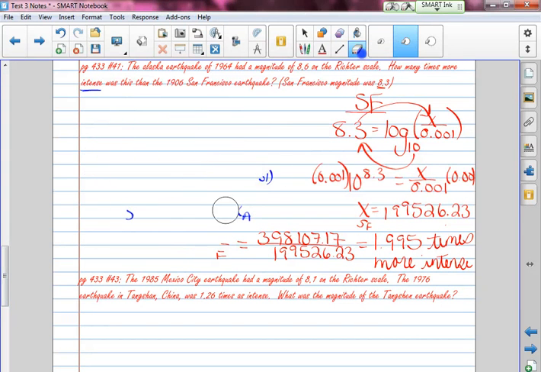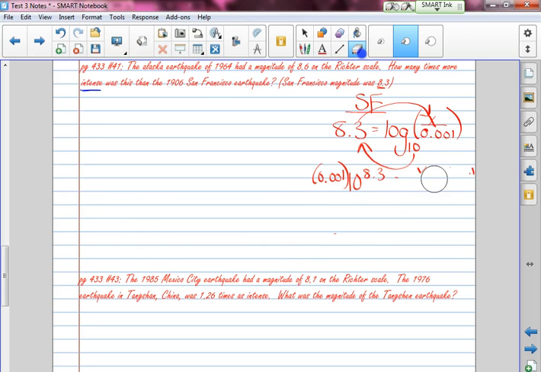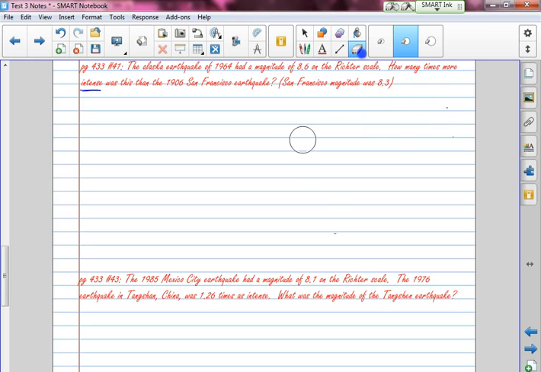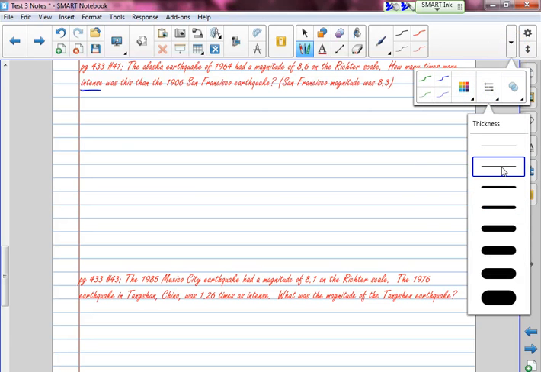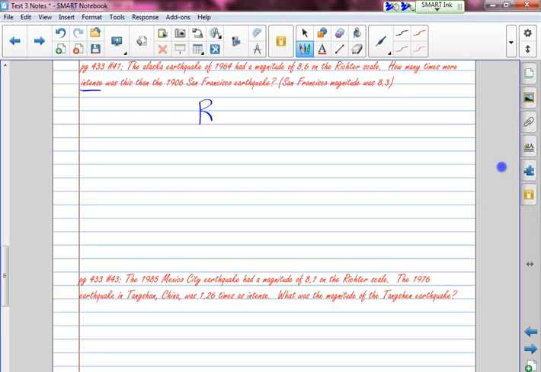And I want to show something to you. These are solved the same every time. So if you're given the formula R equals log of x over 0.001, and you want the x by itself, well, let's solve for it.